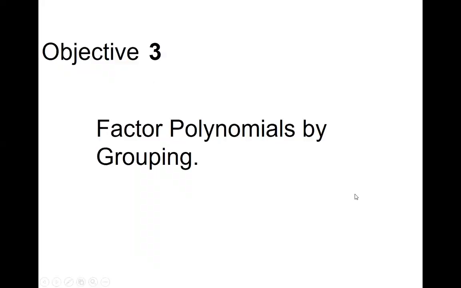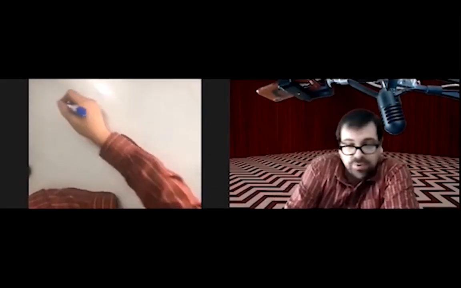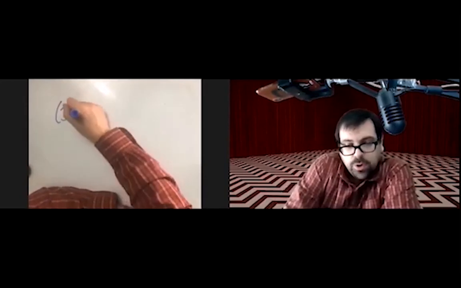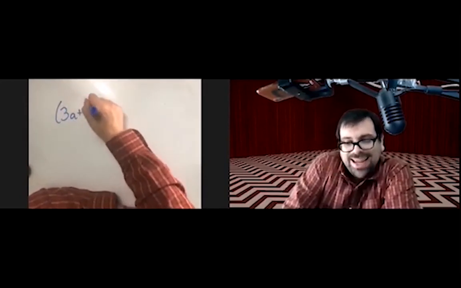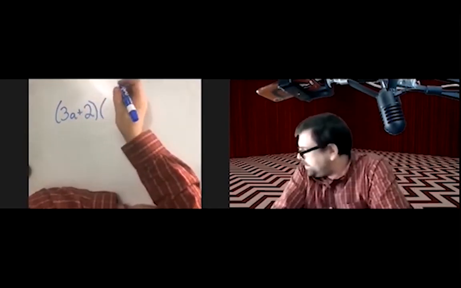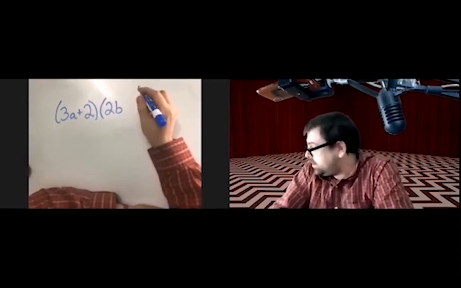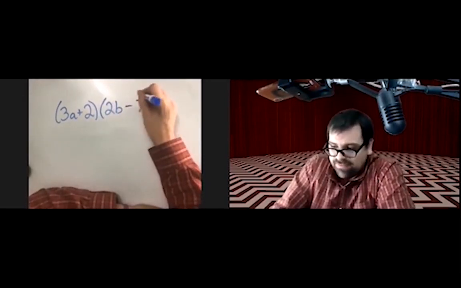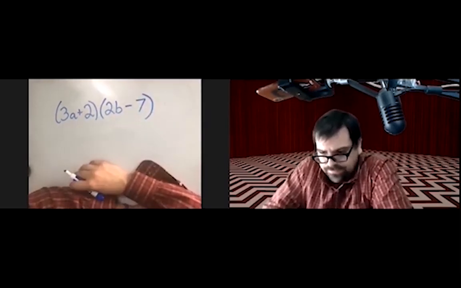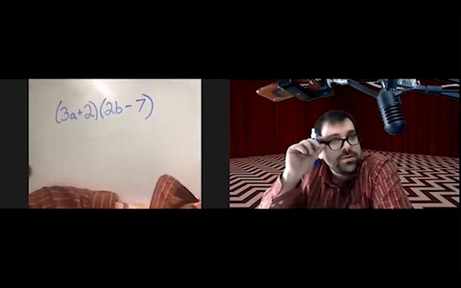The third objective in this topic, factor polynomials by grouping. Let's start with a multiplication problem. 3a plus 2 times 2b minus 7. We know how we would do this.